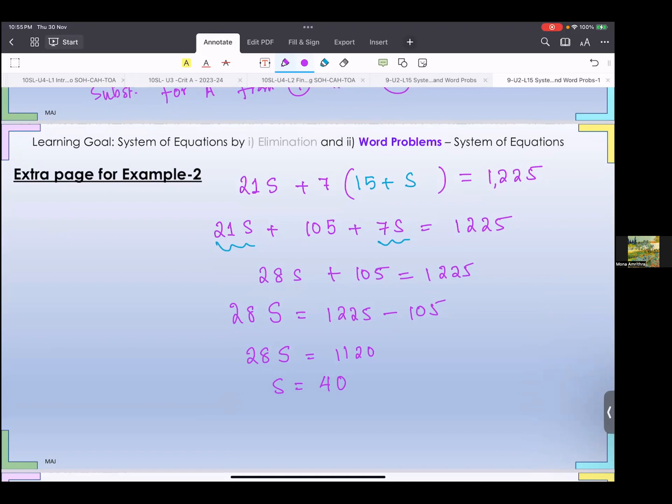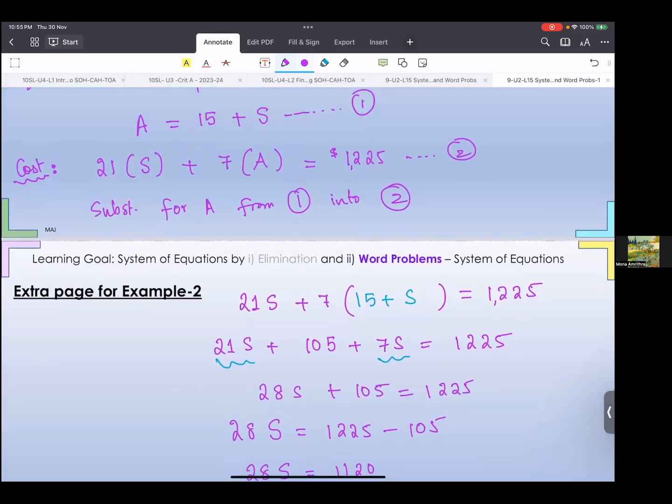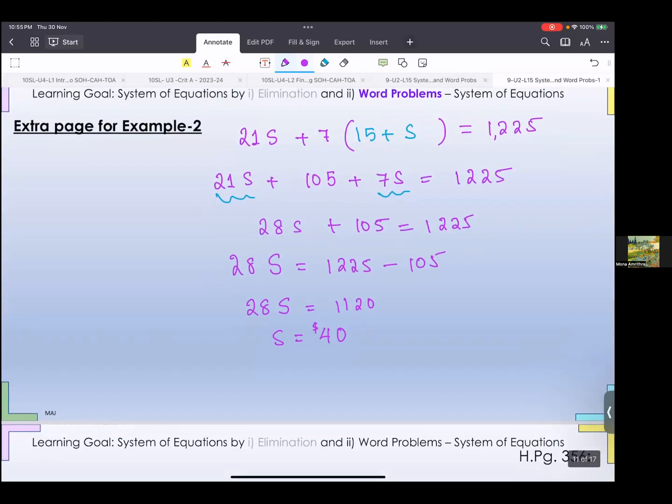Now, what is S? Is it the number of students or is it the cost of the student ticket? Okay, that's the reason why we need to define variables and know what it is. So S is the cost of the student tickets. So that is how much student tickets cost. And now we can use the very first equation. Using equation 1, adult tickets are $15 plus the student ticket.